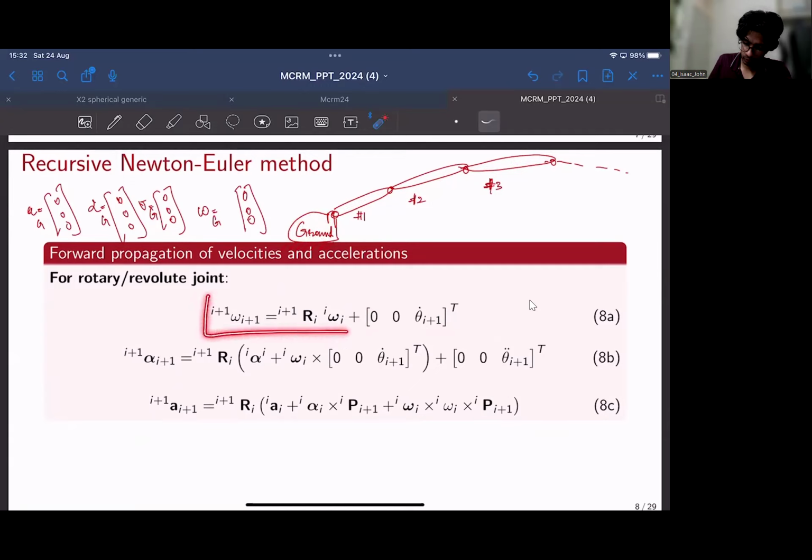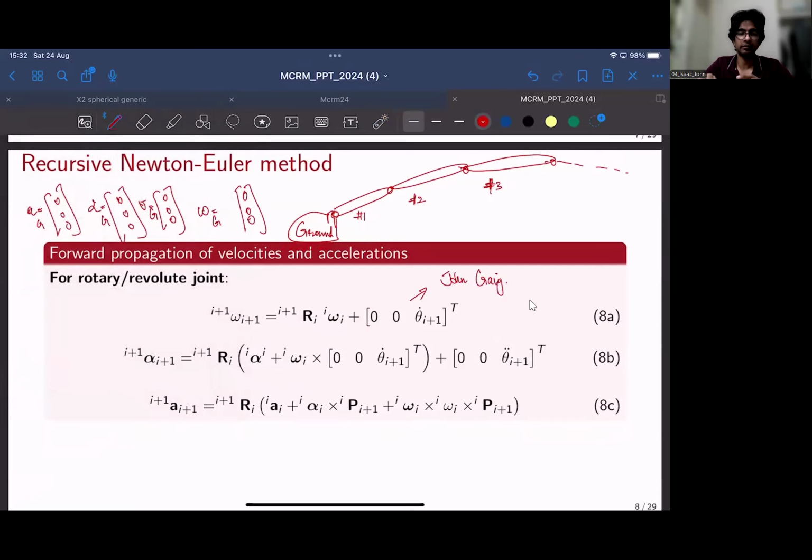So this is how you would propagate angular velocities. And the derivation is pretty straightforward. It has been discussed in the lectures. It is also discussed in the textbook, maybe John Craig's book.